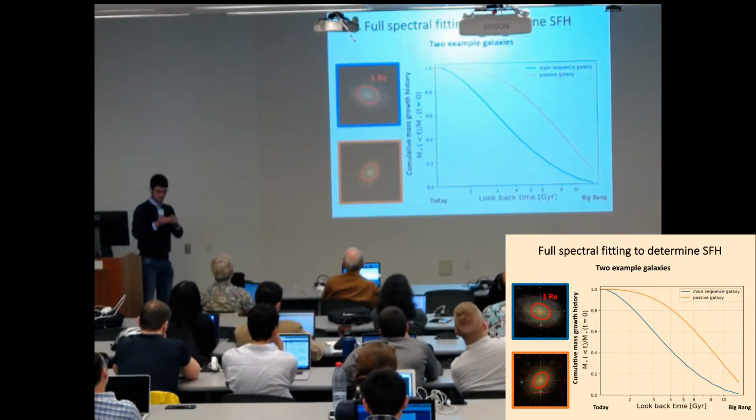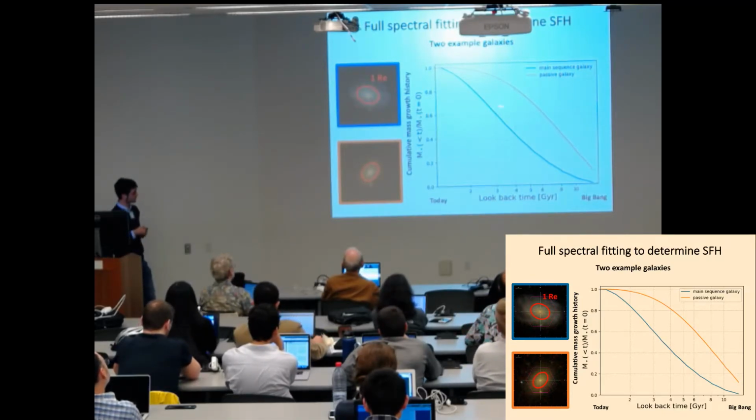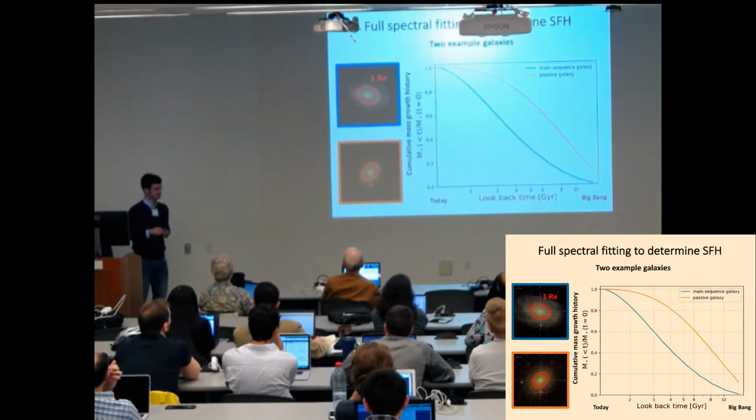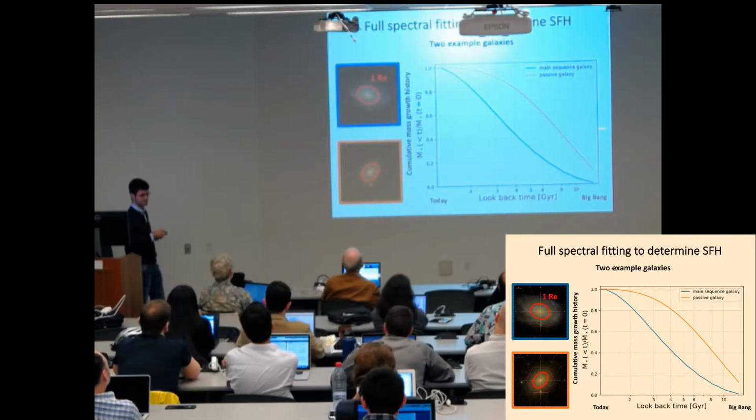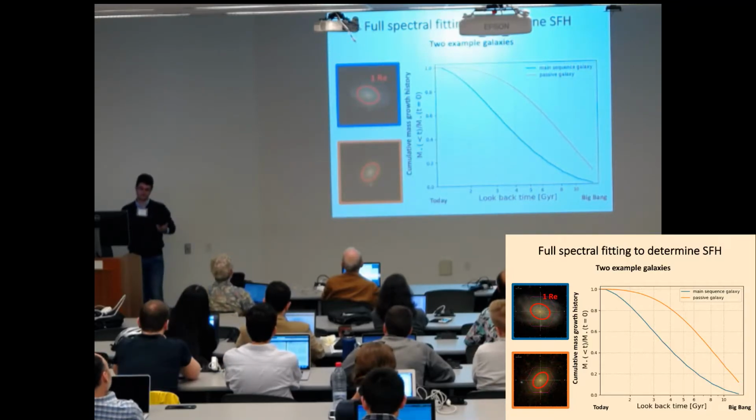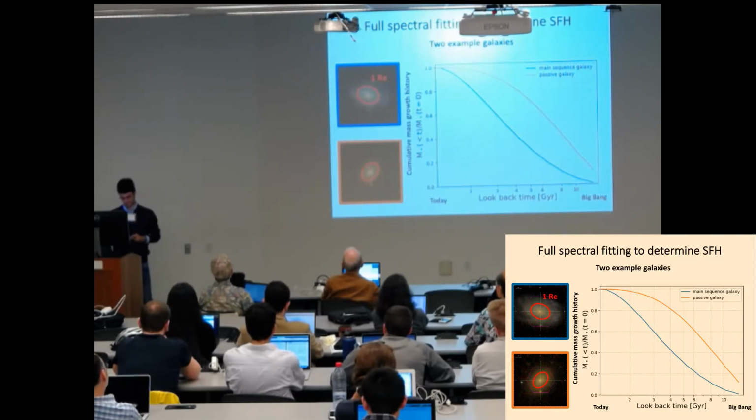And to answer Sandy's question, it's really difficult to believe these numbers, say 3 and 6, but the relative hierarchy of these two numbers is pretty robust. So the passive galaxy has formed more of its stars earlier on, even though I cannot tell you whether this is 6 gigayears, 7 gigayears, or a slightly different number. This is related to the systematics with stellar population modeling, et cetera.